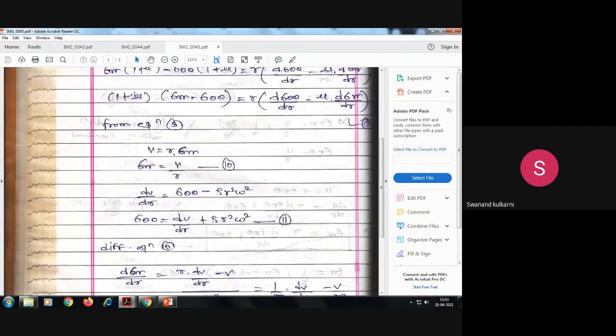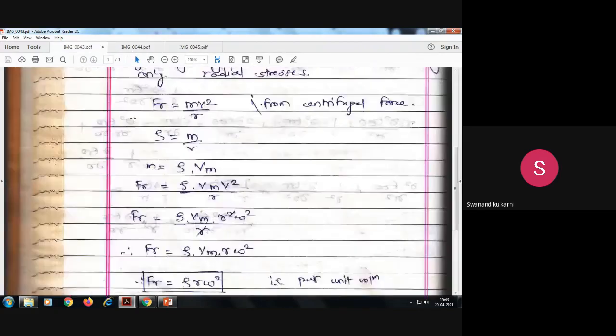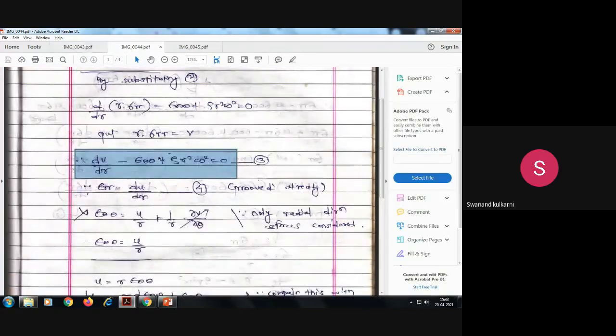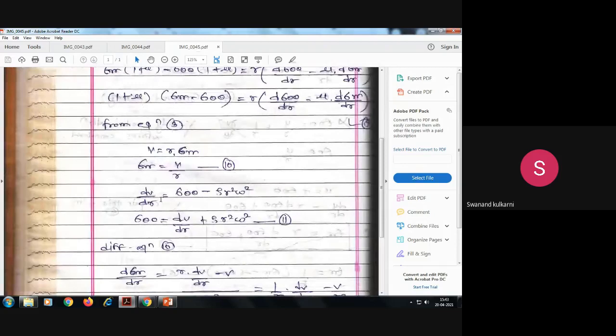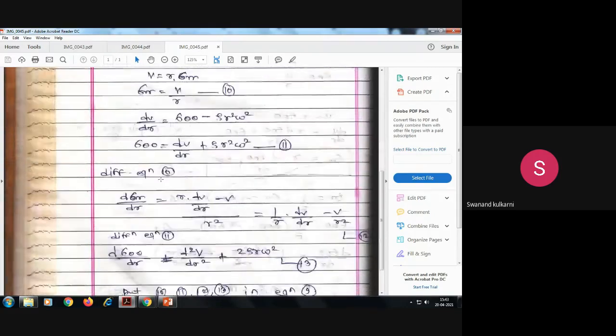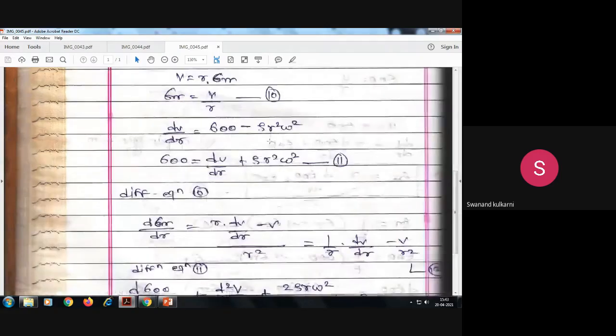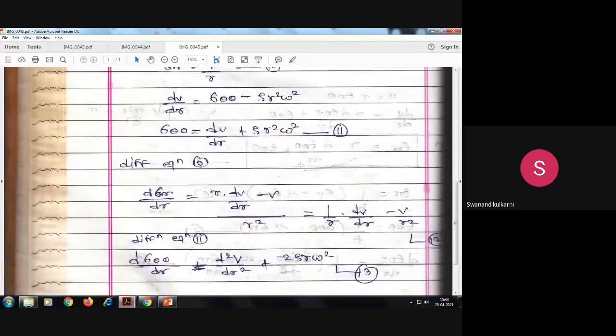By taking the reference of equation 3, dV by dr is sigma theta theta minus rho R square omega square. With this, sigma theta theta is equal to dV by dr plus rho R square omega square. Is it okay?